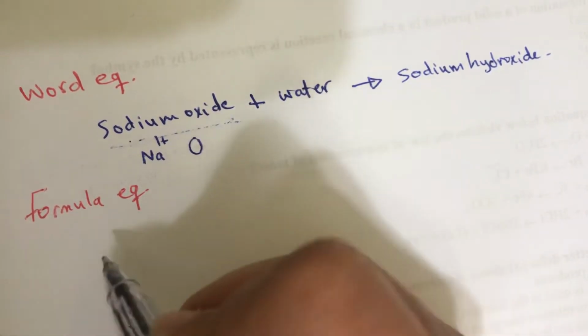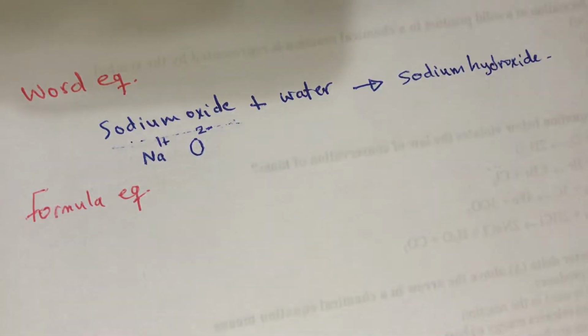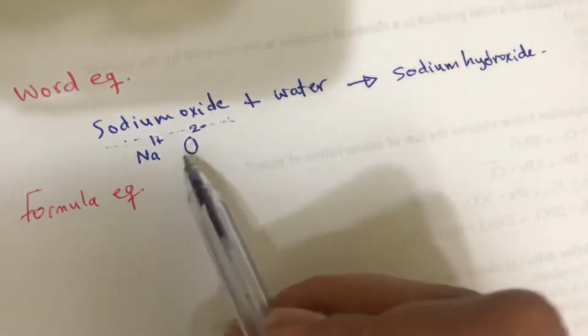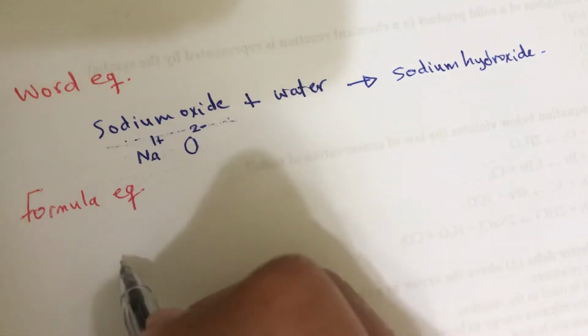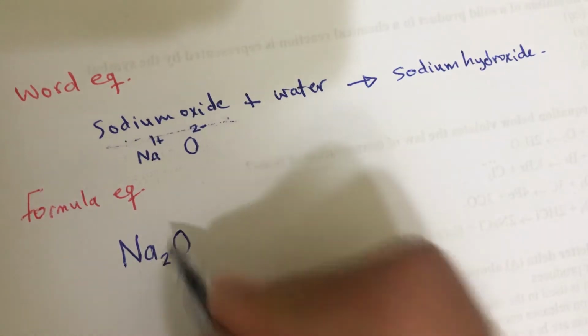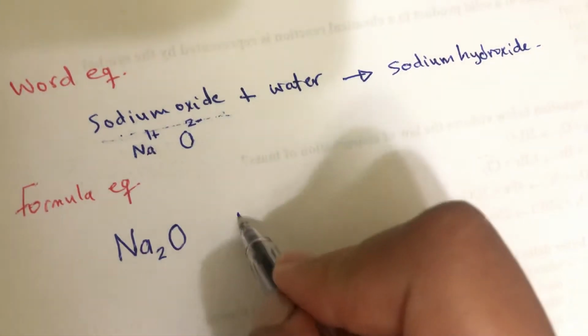Oxide, it's for oxygen, it's in group 6 in the periodic table, so it carries charge negative 2. So you have to multiply sodium by 2 and oxygen by 1. So the formula of sodium oxide is Na2O plus.